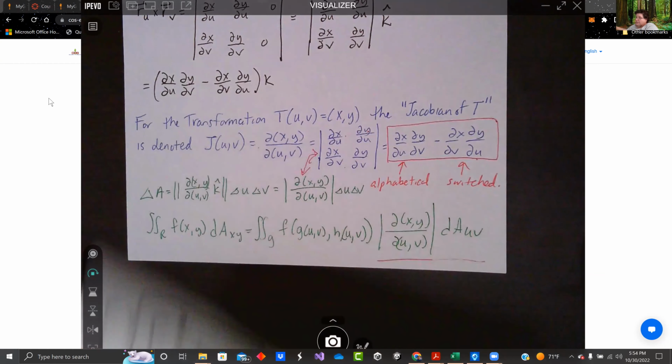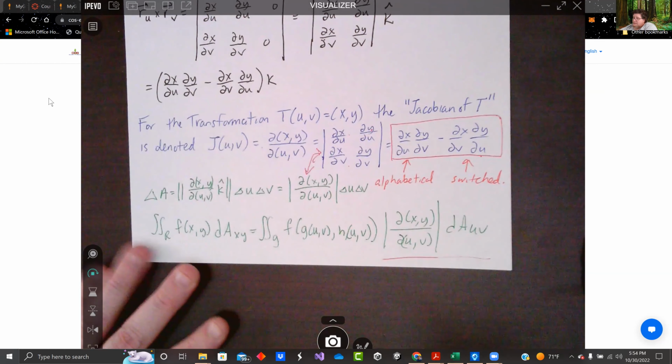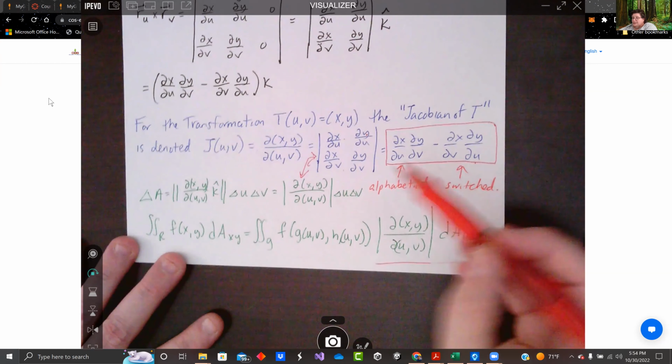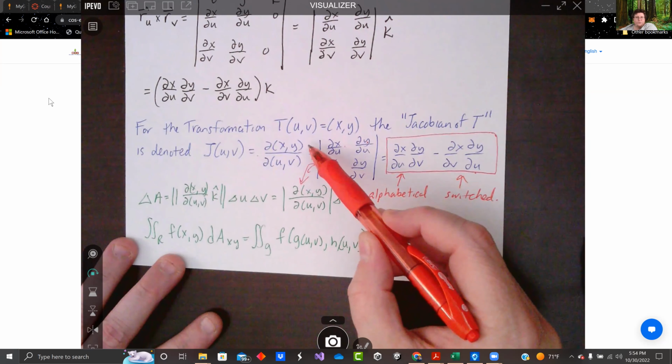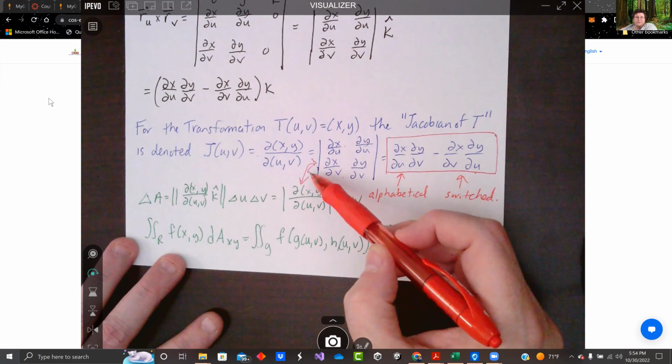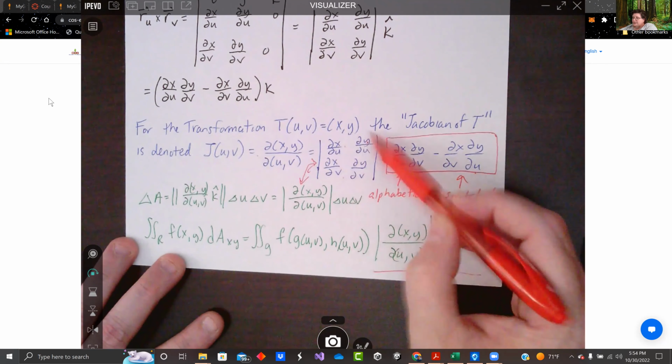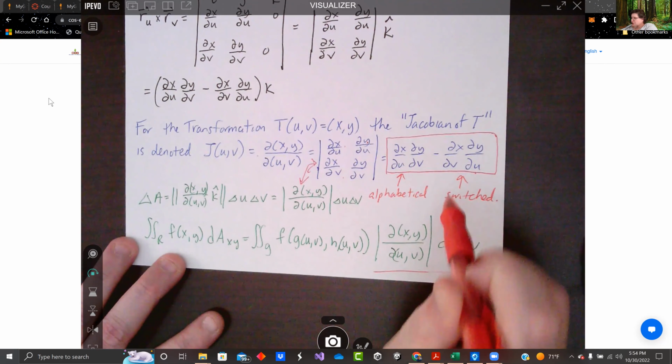So the partial derivatives of x and y over the partial derivatives of u and v make a nice little determinant. That's going to be the Jacobian.